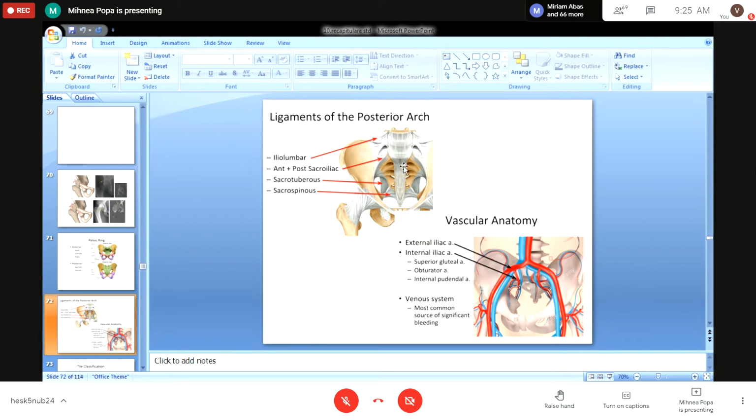So most of the resistance of this part comes from the iliolumbar, anterior and posterior sacroiliac, and the sacrotuberous and sacrospinous ligaments. These ligaments give a lot of resistance, and of course, through a strong, high energy trauma, they can be destroyed and produce instability in this region.